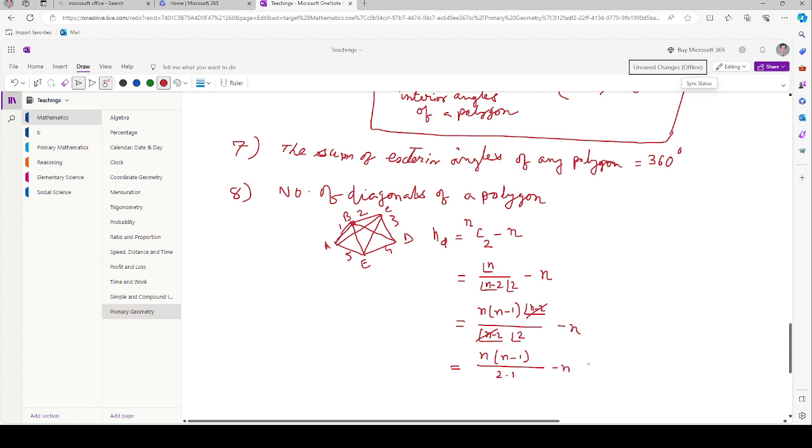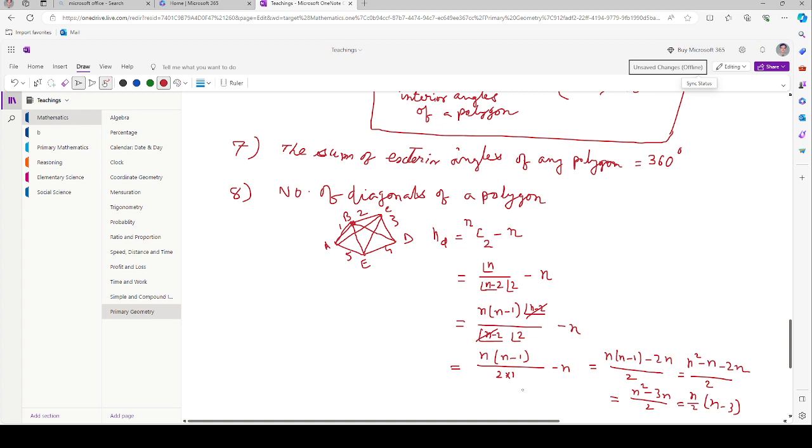So this is equal to n into n minus 1 minus 2n divided by 2, equals n square minus n minus 2n divided by 2, equals n square minus 3n divided by 2, equals n by 2 into n minus 3.